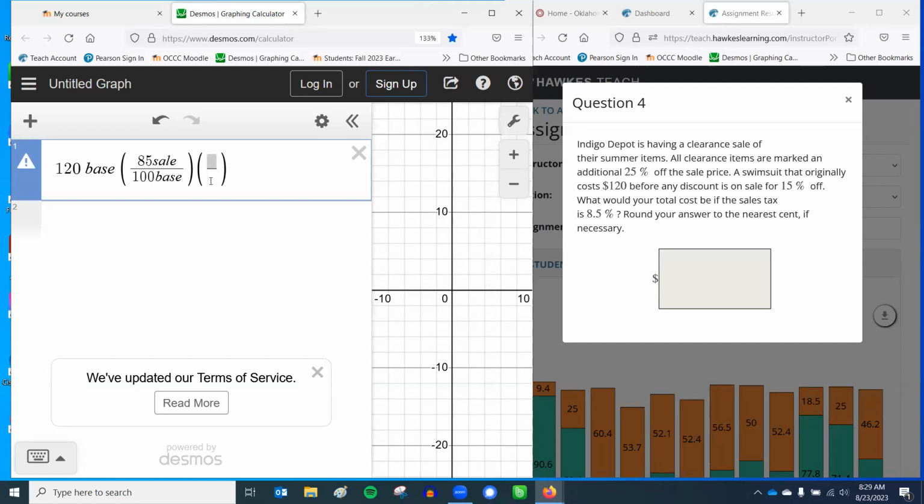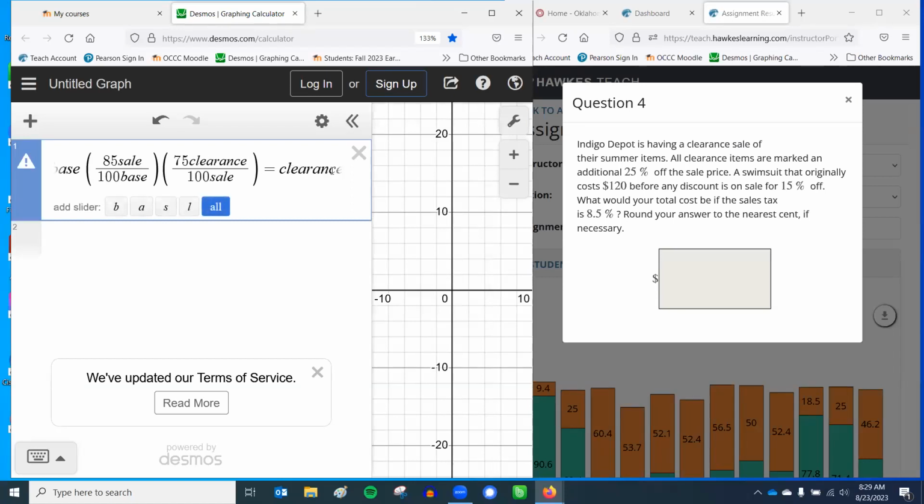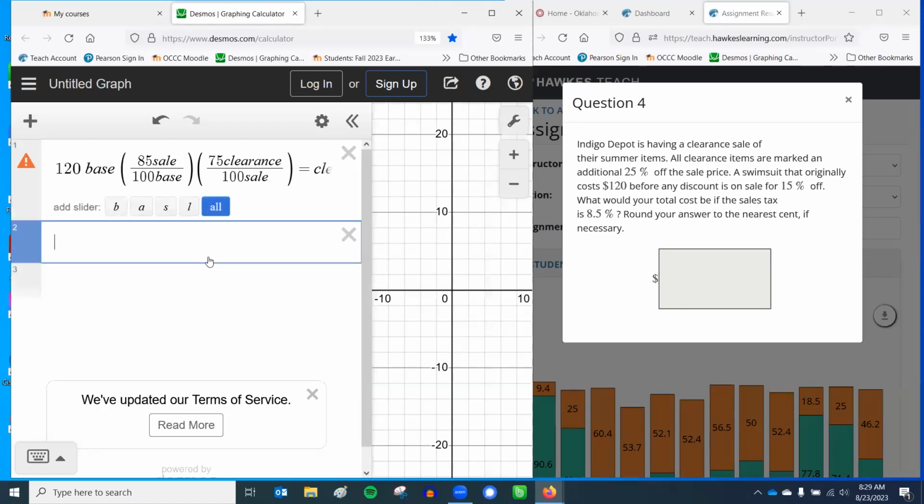Well, a clearance is as a percent, and it says for every 100 sale dollars, we take 25 off. 25 off of 100 is 75 clearance dollars, right? And that gives us the clearance price.